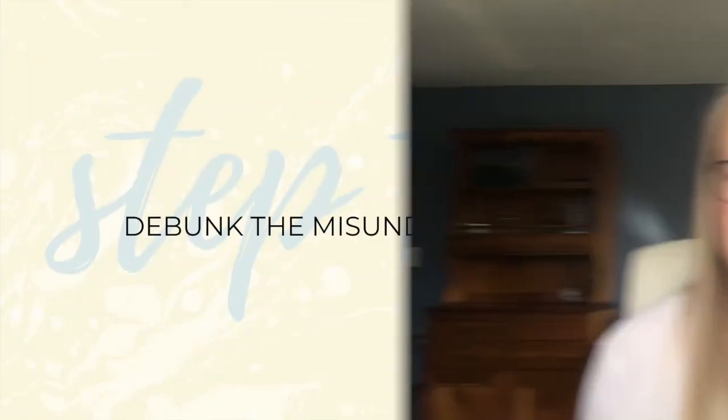The second step in writing a disclaimer is to dispel or debunk that misunderstanding that you identified in the first step. So for that first example where you give advice, you're just going to basically walk back that misunderstanding and say this is not the case. So if you're giving advice, you would say, hey, I am not a licensed, whatever it is, licensed doctor, licensed tax advisor, something like that.